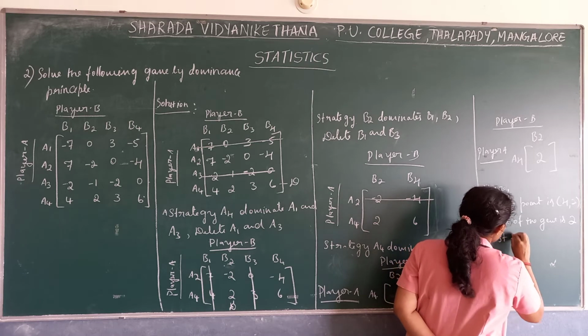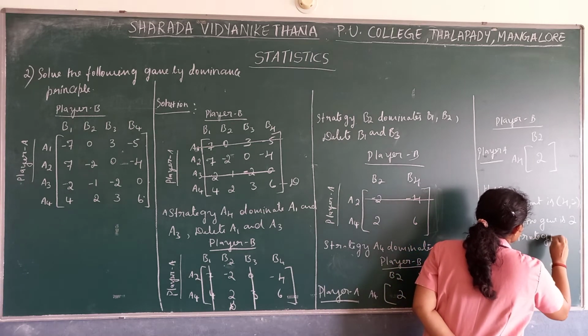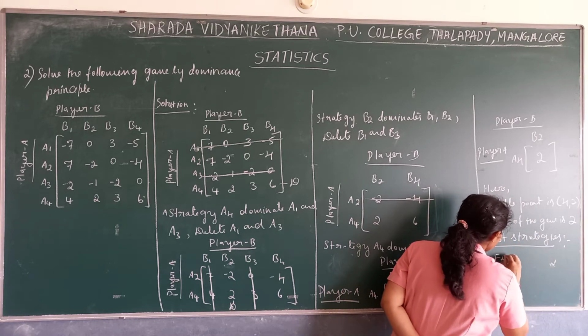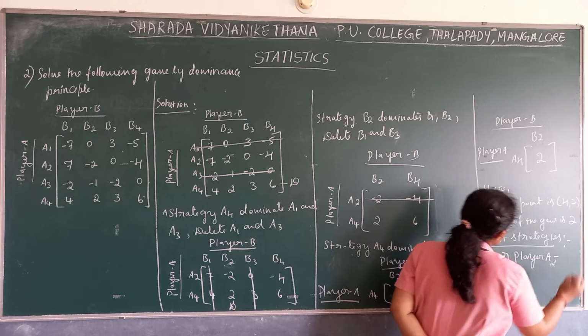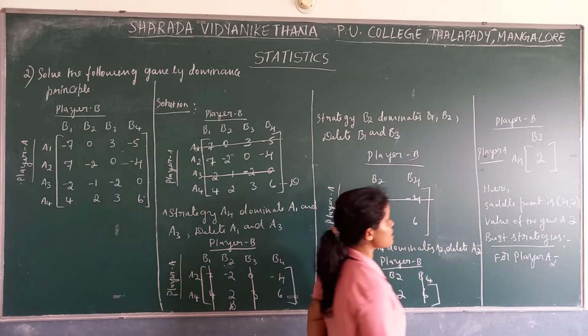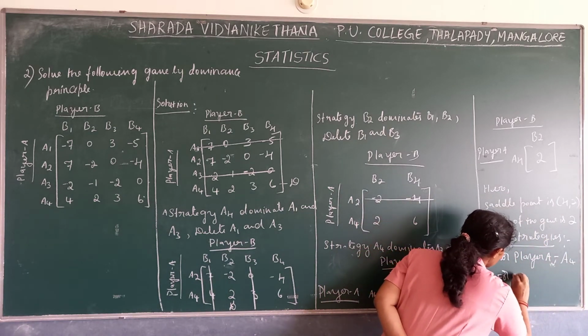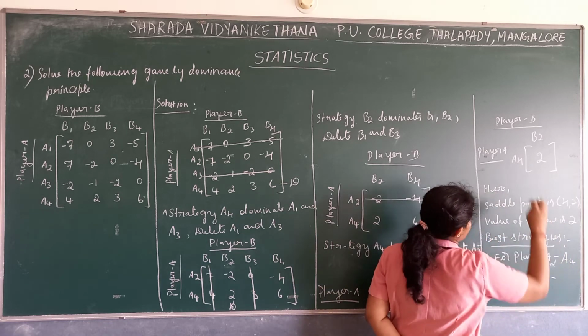Best strategy for player A is A4, and for player B it is B2.